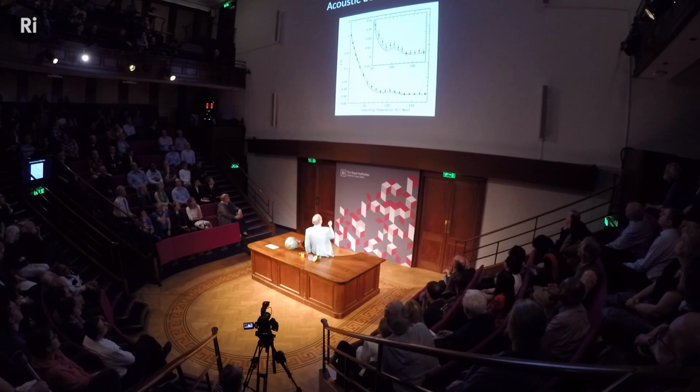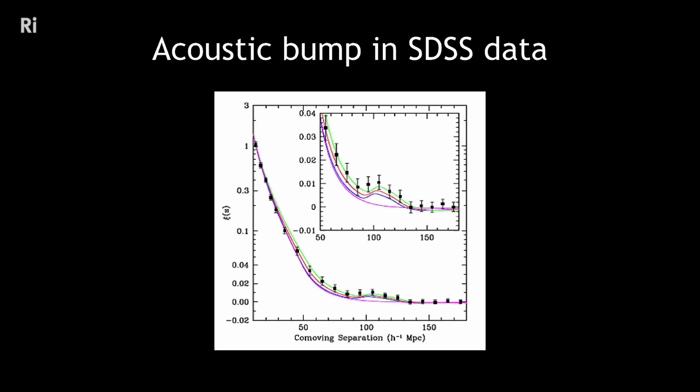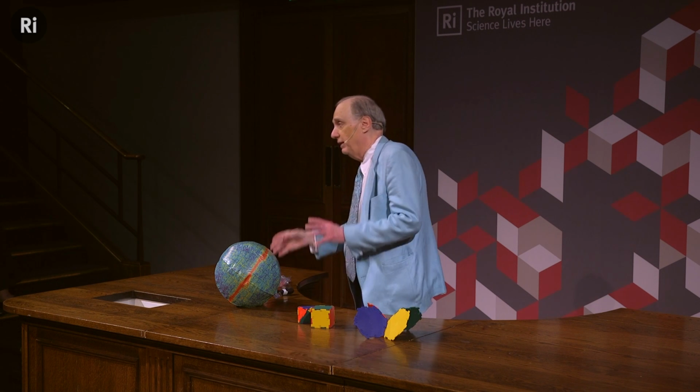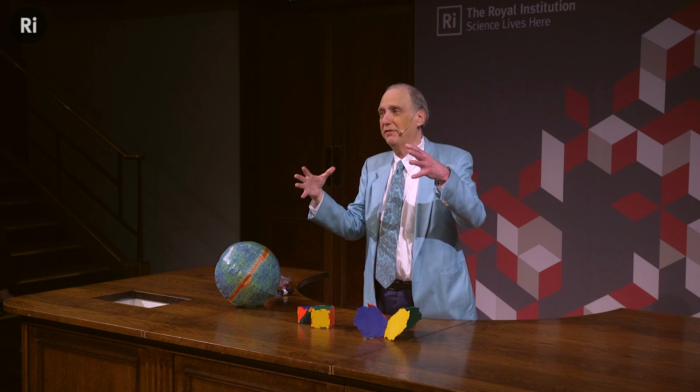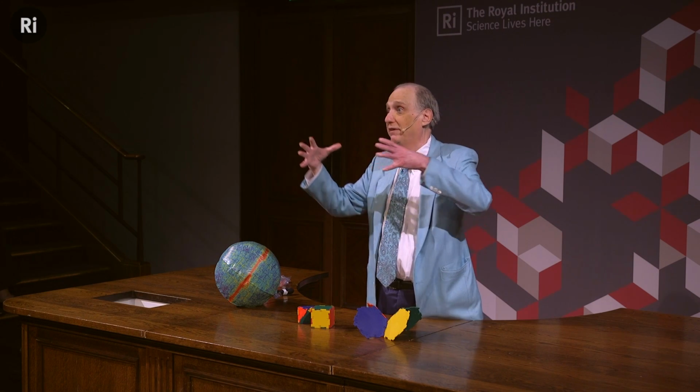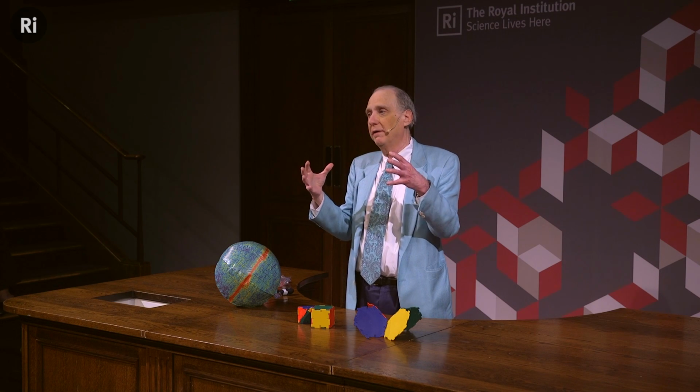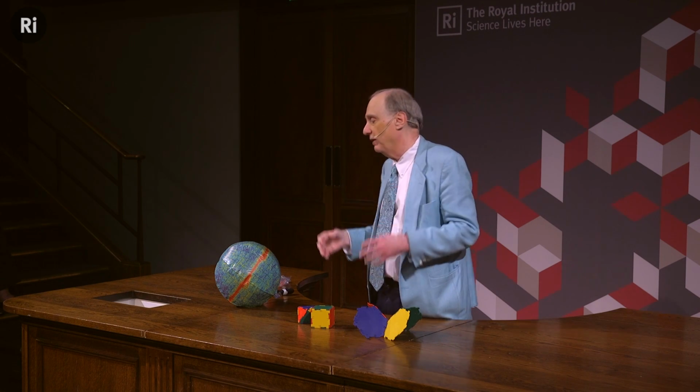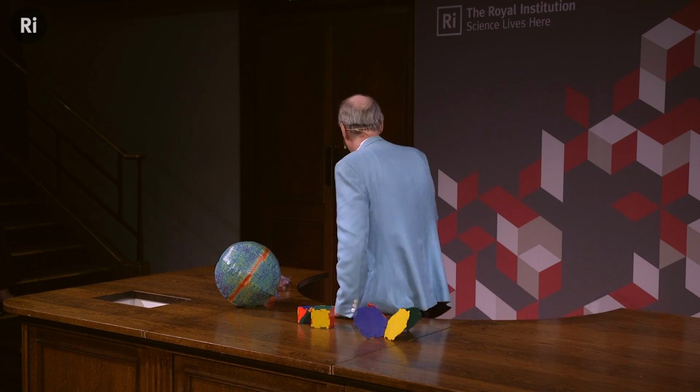And the answer is that Eisenstein found this extra bump in the data, and so this is a ruler that you can apply to the cosmic web. And the cosmic web expands every time the universe expands by a certain factor. The cosmic web stretches and expands by that factor. So you can use this as a ruler to tell you about the expansion history of the universe.